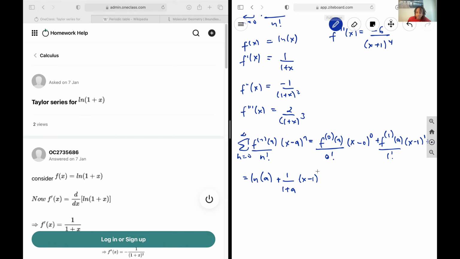Next up, we have the second derivative. So that is negative 1, evaluated at a, over 1 plus a squared into x minus 2 squared, plus, so 0, 1, 2, the third derivative. So 2 over 1 plus a, let's not forget about the factorial. So it's supposed to be over 2 factorial. 1 plus a cubed.